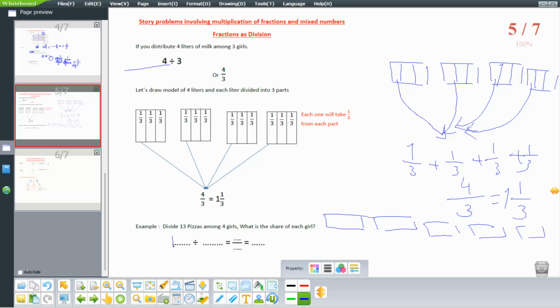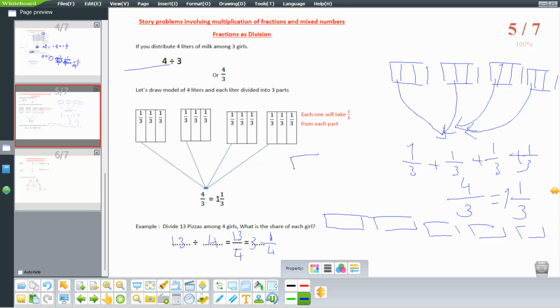So it will be 13 divided by 4, which is 13 over 4. If I want to convert into a mixed number, we know that the closest number is 3. 3 times 4 equals 12, and we have 1 as remainder, so it will be 3 and 1 over 4.